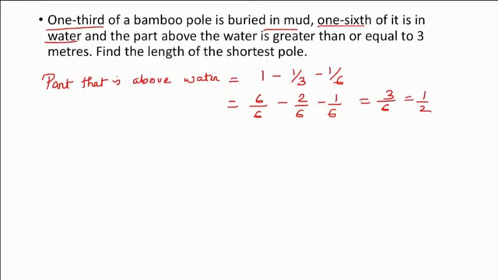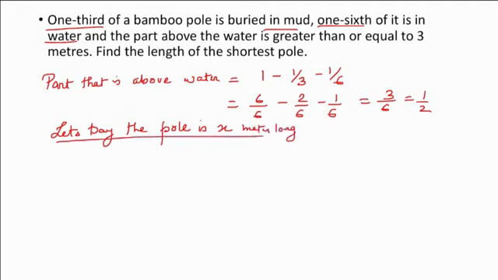And it is given that the part above the water is greater than or equal to 3 meters. So let's say the pole is x meters long. So x divided by 2, the part that is above the water, is greater than or equal to 3 meters.